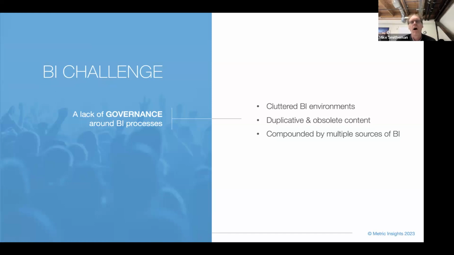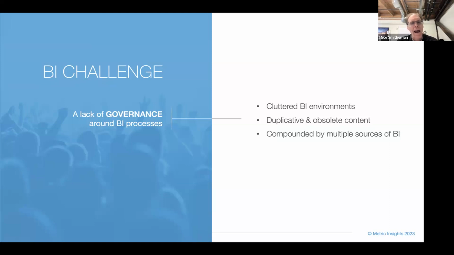There's a wealth of content out there, but a lack of control and governance around it is leading to very cluttered BI environments. It's difficult to find useful reports because they sit alongside a lot of duplicative and obsolete content.